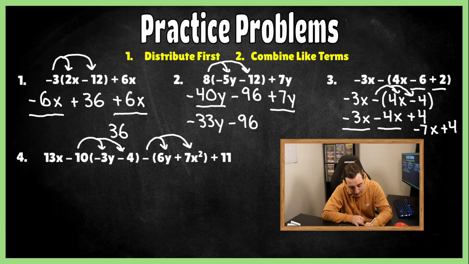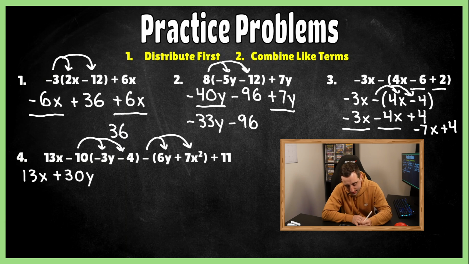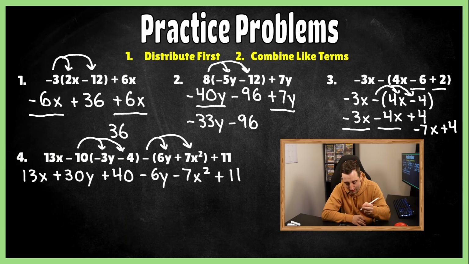So 13x stays the exact same. Negative 10 times negative 3 is a plus 30y. Negative 10 times negative 4 is plus 40. Then we have negative 1 times 6y, which is negative 6y. Negative 1 times 7x squared is minus 7x squared. And then finally, we have a plus 11 that we haven't touched.